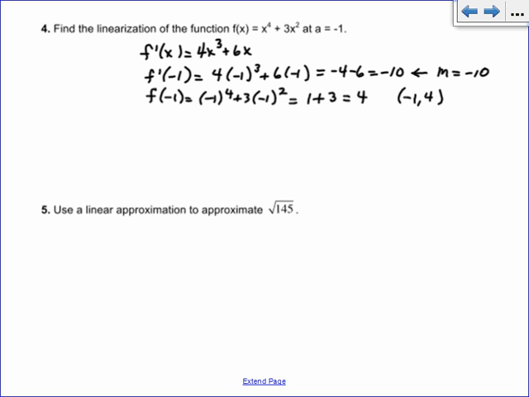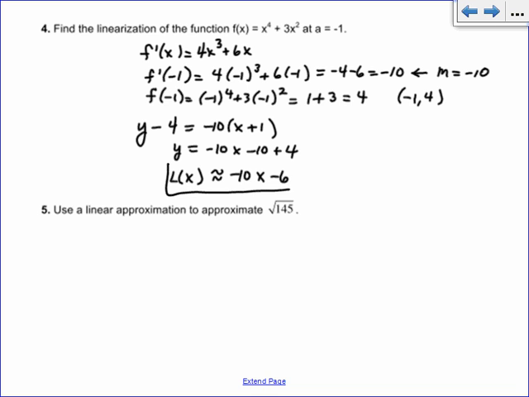So all it's saying is find the linearization. It's not saying to approximate whatever. So all we're finding is that L of x equation. So I'm going to have y minus y1 equals m times x minus x1. So I'm going to have -10x minus 10 plus the 4. So my linear approximation is going to be -10x minus 6. That's it.